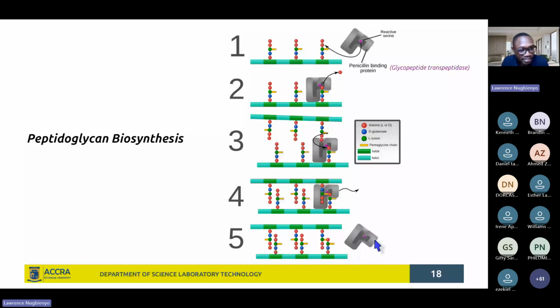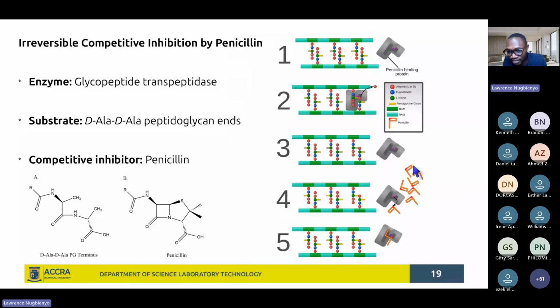So if we go ahead, we'll see that here we have now introduced the penicillin, looking like these structures over here.